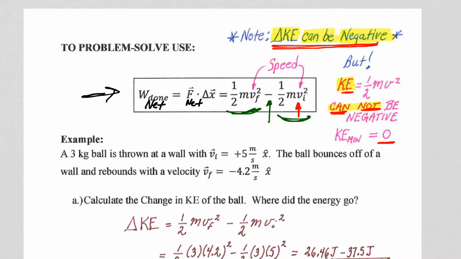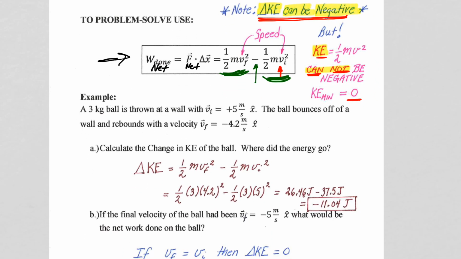And that simply means you're slowing down. So delta KE can be negative, will be negative when an object is slowing down.